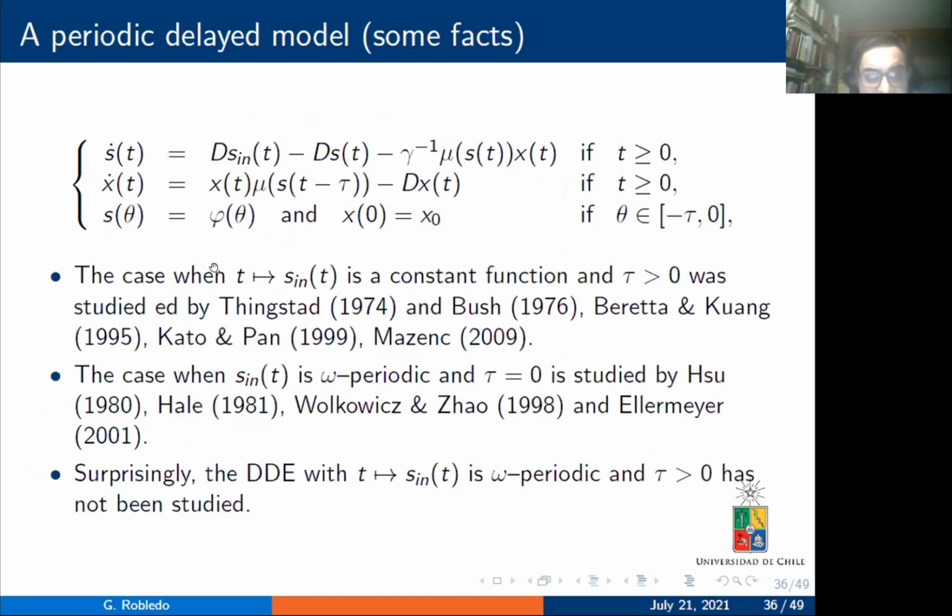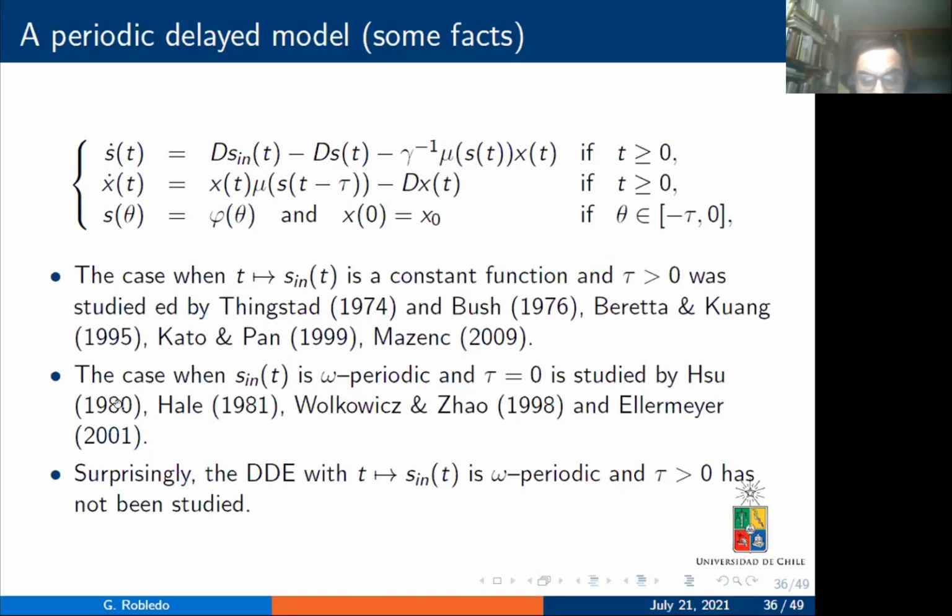There exist several results considering delay, but constant input of nutrient. The first two works are essentially local stability analysis, and the last three are global stability analysis, considering several functions. A second family of results consider no delays, but periodic inputs of nutrient.